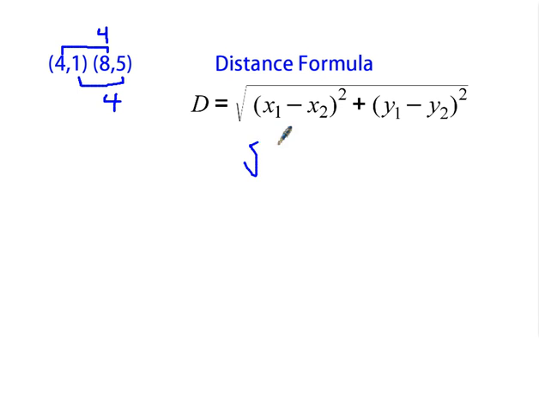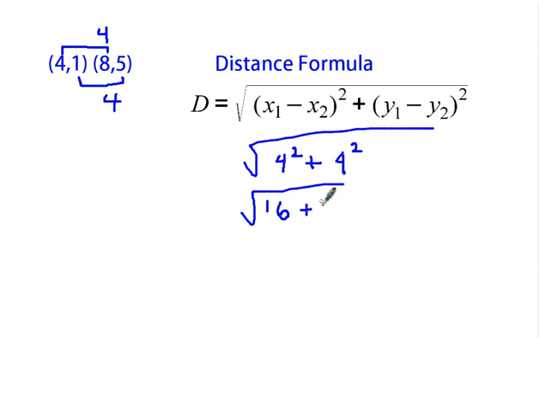So I would have the square root of 4 squared plus 4 squared. You square those and have the square root of 16 plus 16. Have the square root of 32. These are all equal to d.